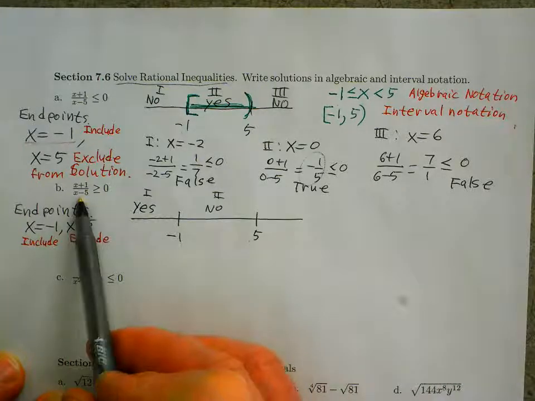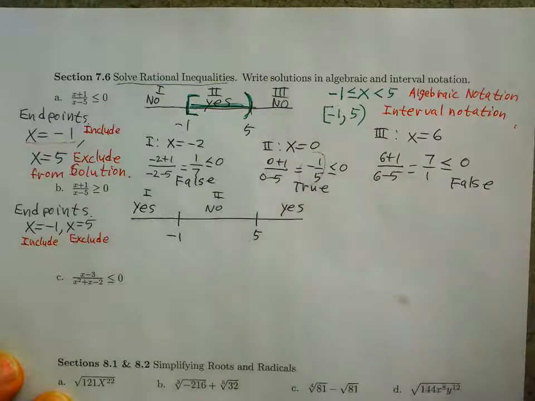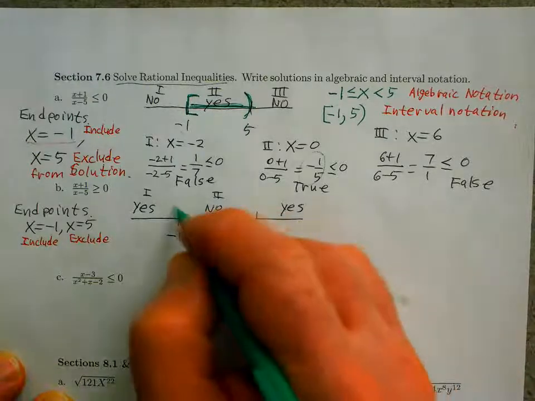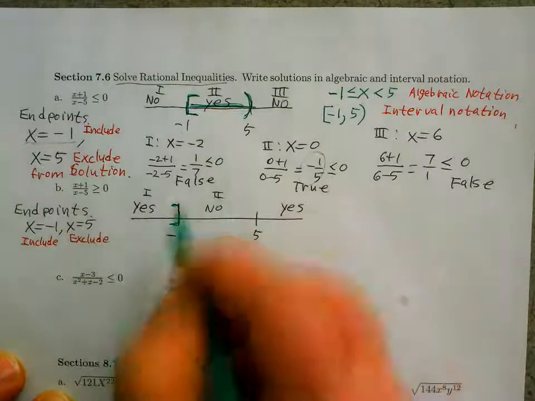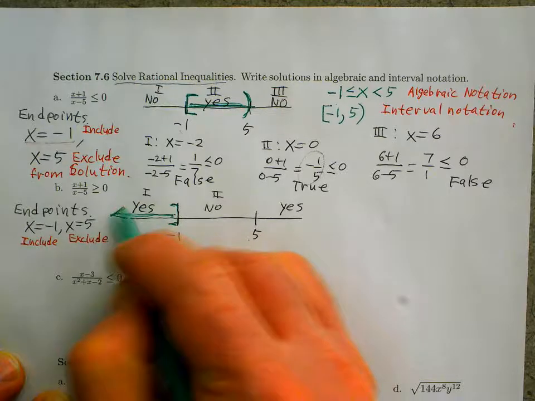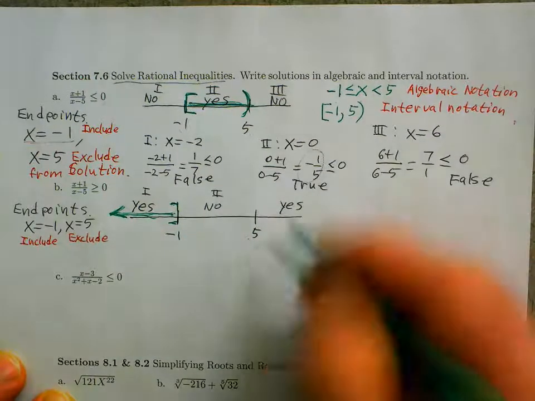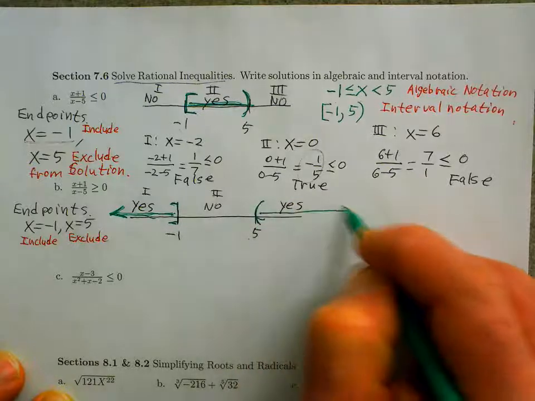So a positive number greater than or equal to 0 is true. Okay, so graphically, we put a bracket at -1 opening to the left and shade all of the numbers to the left. At 5, we put a parenthesis opening to the right and shading everything to the right.